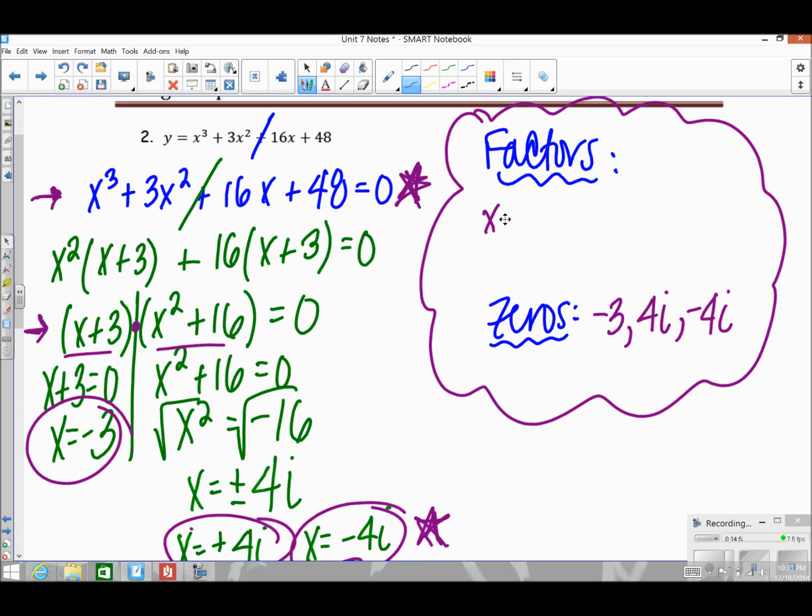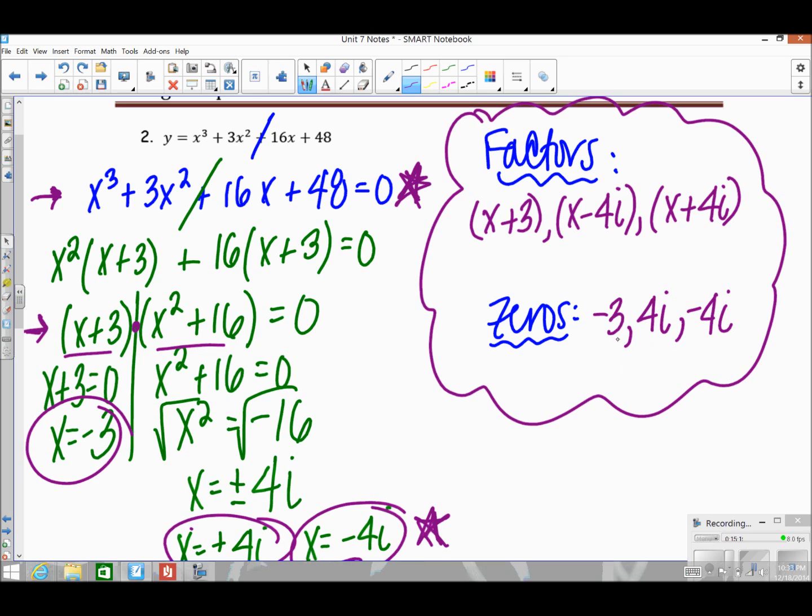So it's going to be x plus 3, x minus 4i, and x plus 4i. So those are your factors. And you're going to notice that this fundamental theorem of algebra is actually going to be useful too, because there might be times where they don't tell you all of the zeros.